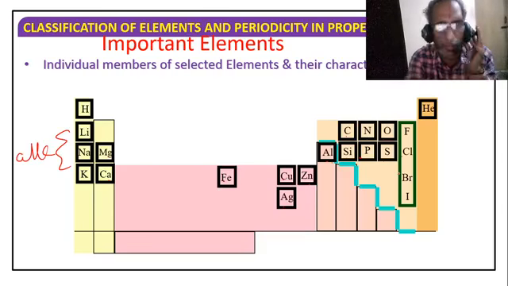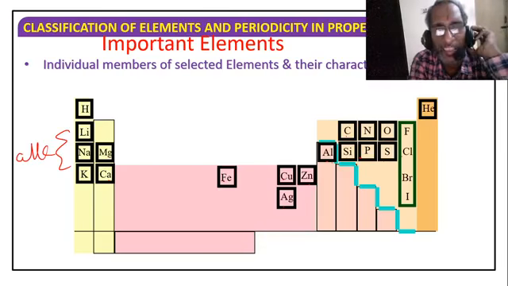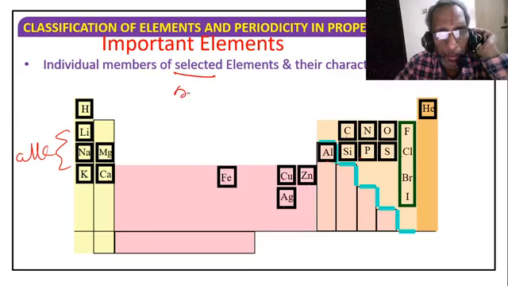Why are only these individual members specified as selected elements? Selected elements means important elements. Most of the compounds we are aware of contain these elements.